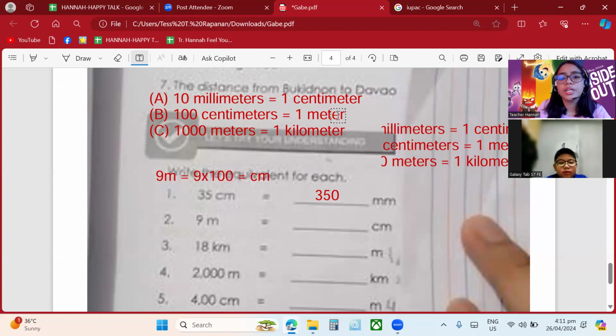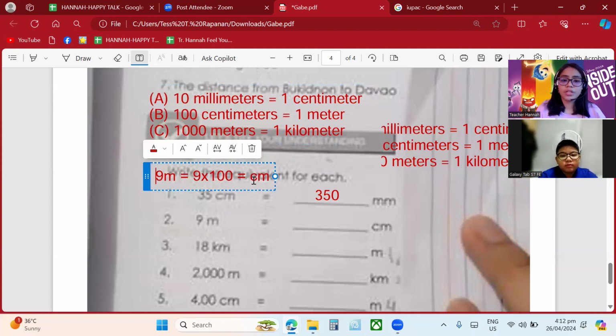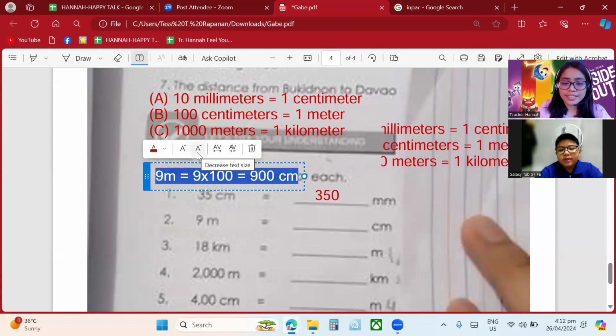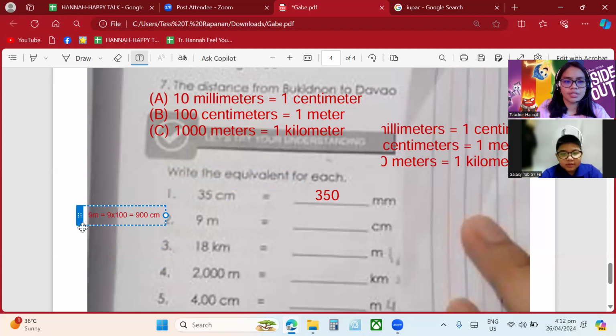What is 9 times 100? 900. Very good. 900 what? 900 centimeters. Very good.